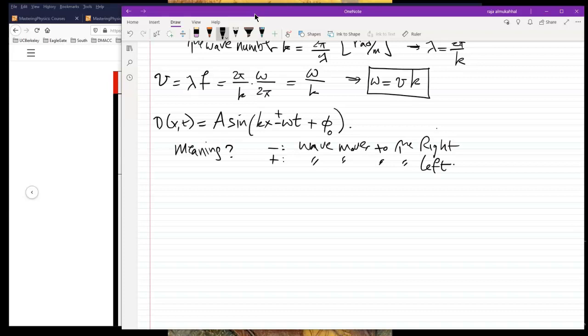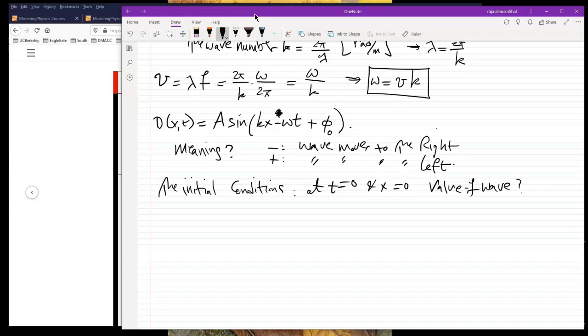Now, you also have the initial condition. In other words, at t equals 0 and x equals 0, for example, how does the wave look, or what is the value of the wave? Well, let's test it. Go back to this formula right here. We're just going to keep it minus for now, the default, wave moving to the right.